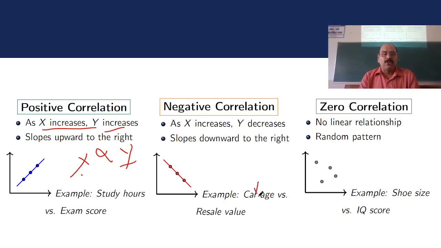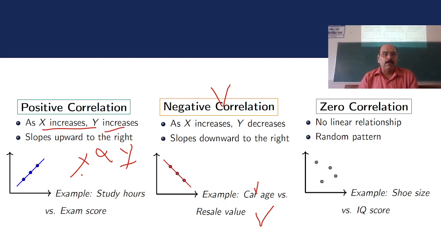Car age versus its resale value is another example, for negative correlation. As the age of the car increases, the resale value is going to decrease, right? Second-hand cars, you are selling it. The older the car is, the lower the price is. So this is a negative correlation.